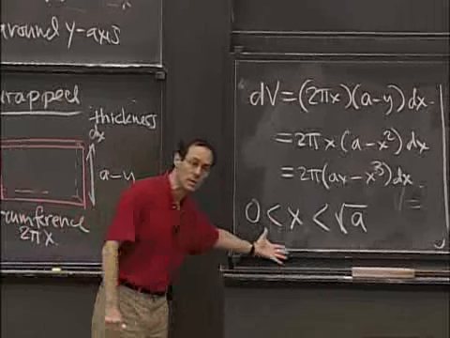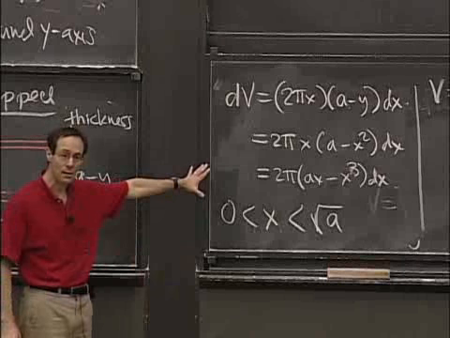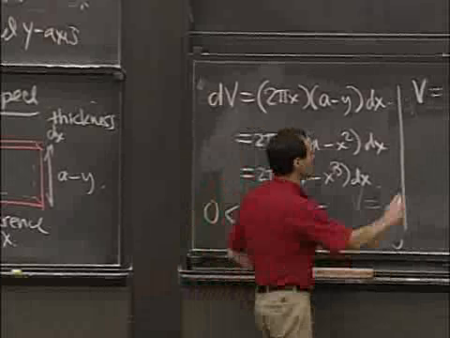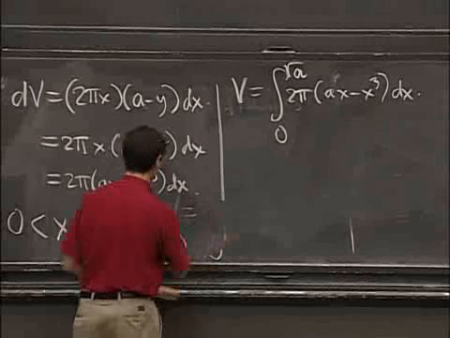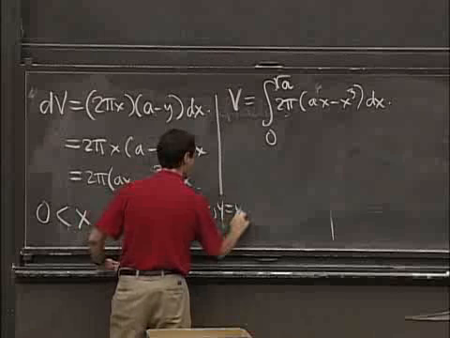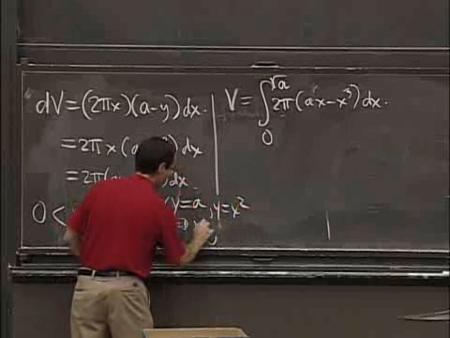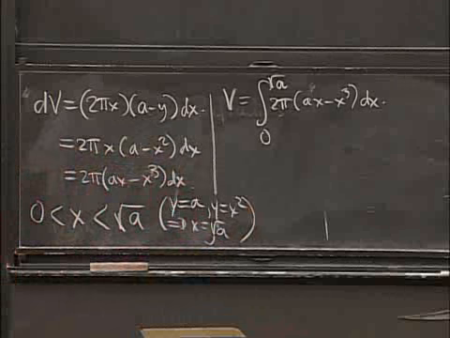They're equally important. You have no hope of getting the right answer without getting the limits right. Right, so this is the integral from 0 to square root of a. Again, that's just because y equals a and y equals x squared implies x equals square root a. That's that upper limit there.